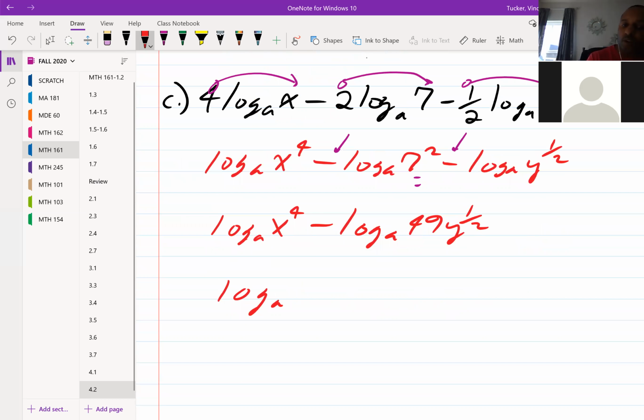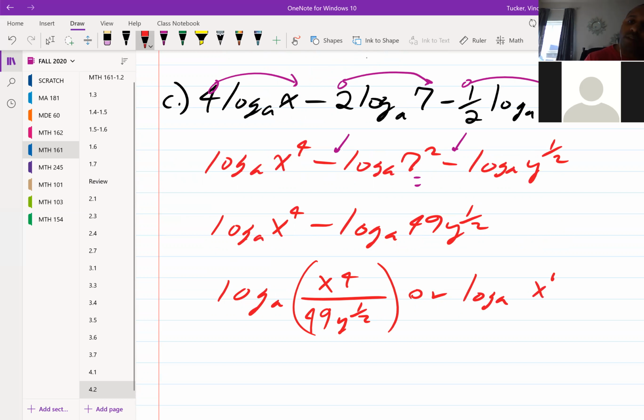All right, so now to finish it off, this is log base a of x to the fourth over 49 y to the 1/2, or log base a of x to the fourth over 49 square root of y.